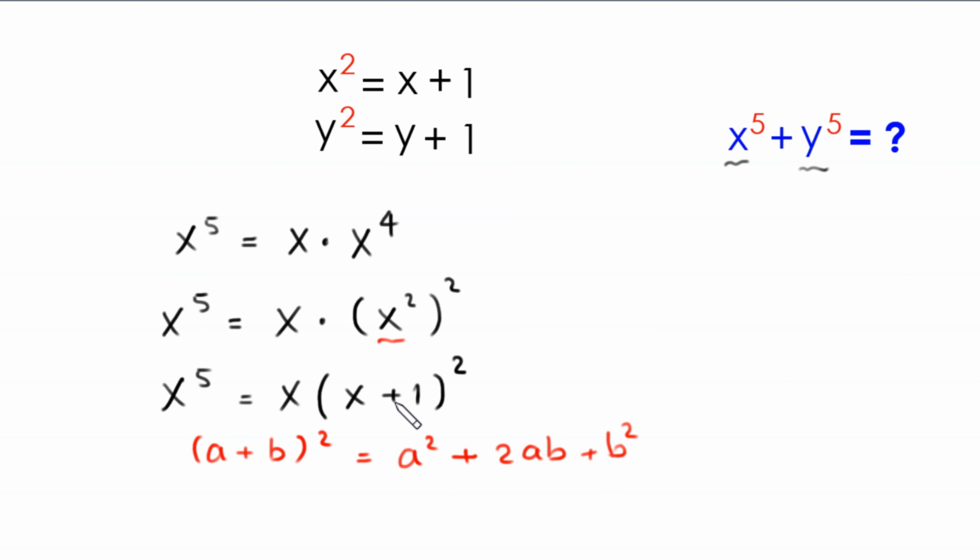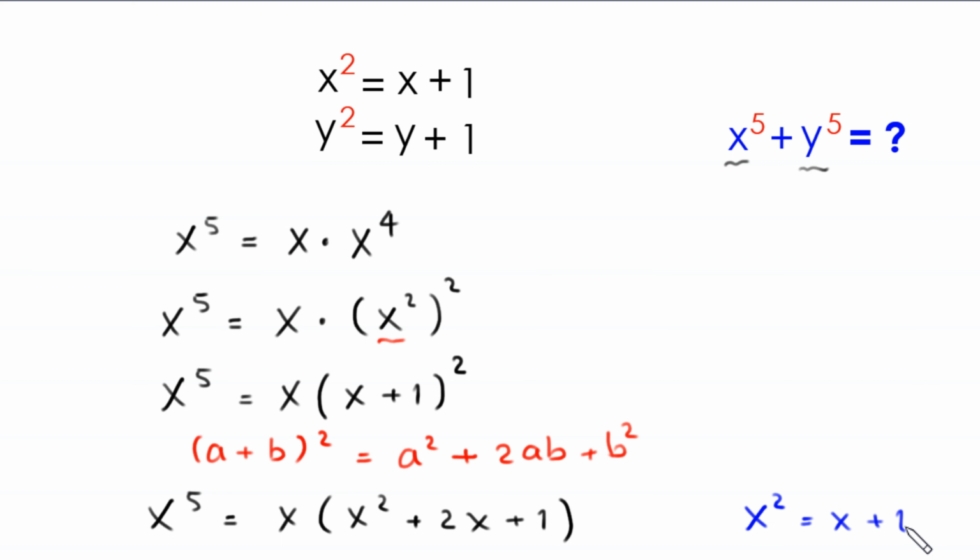This expression will become x to the power 5 is equal to x times x squared plus 2 times x plus 1. Now because x squared is equal to x plus 1, we replace this x squared with this x plus 1.